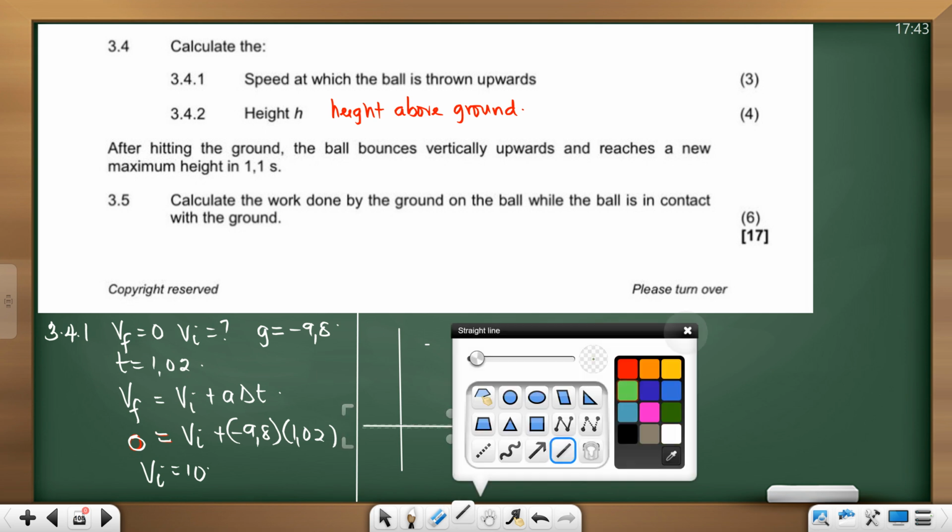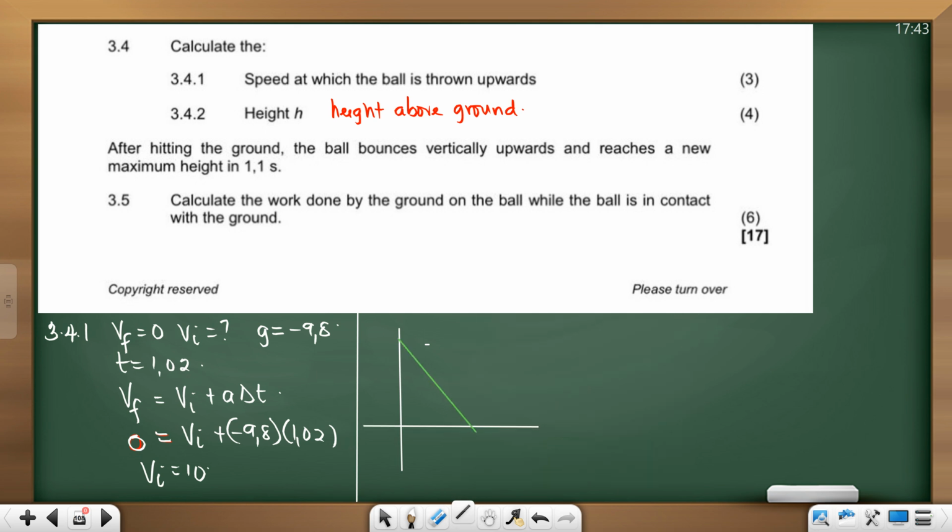They gave us a graph. This is 0. We don't know this. We know this as 1,02. But here's the trick. What is the gradient? It's a negative gradient. Let's calculate the gradient. What's the gradient formula? Change in y, which is change in v, over change in t.